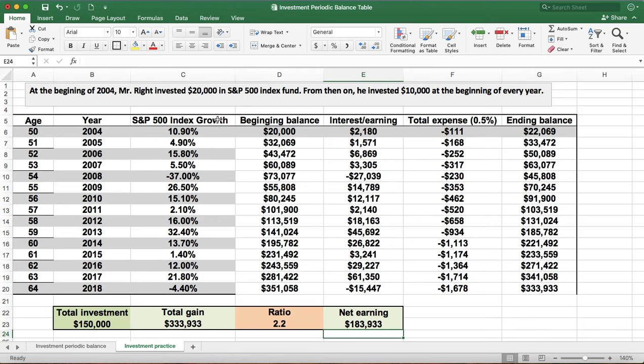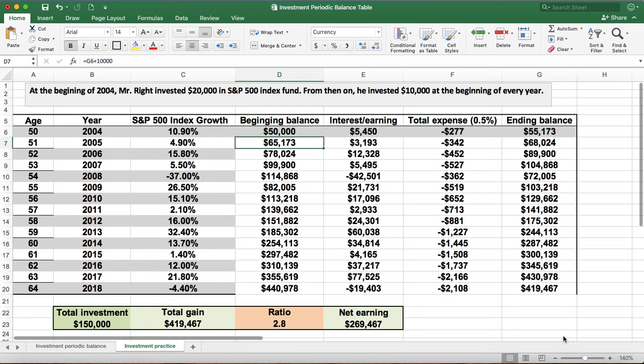For example, if Mr. Wright's initial investment is 50,000, you can change the number here, so you can get another ending balance value. If you change 20,000 to 50,000, now the ending balance changes.